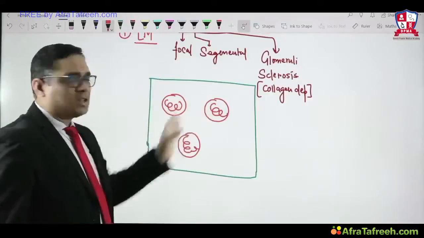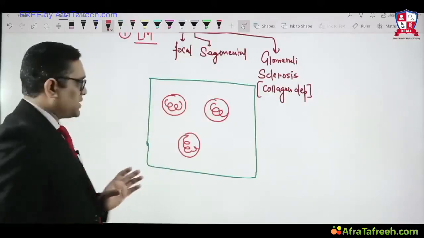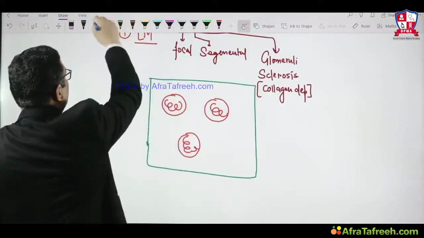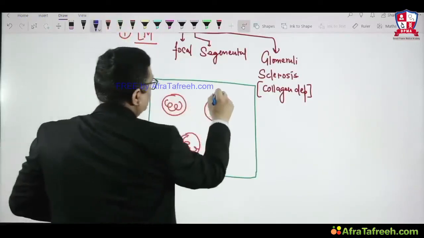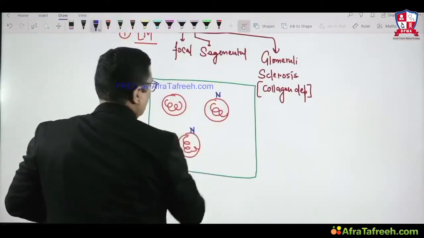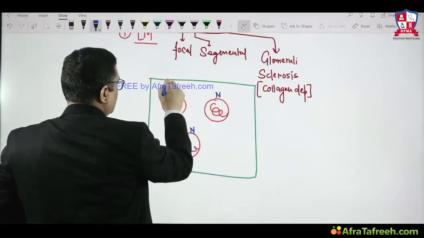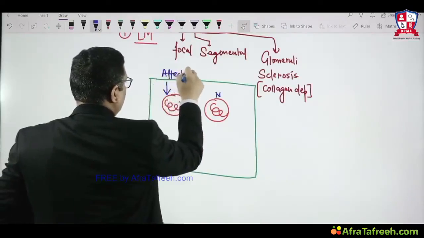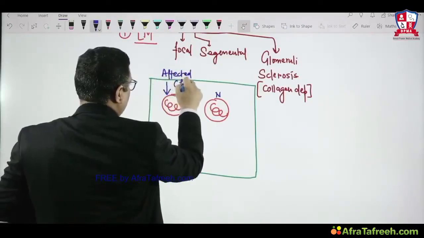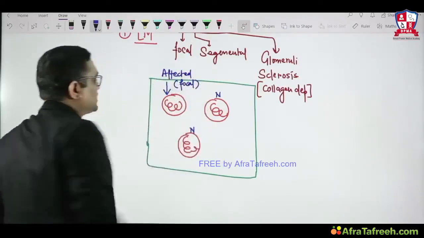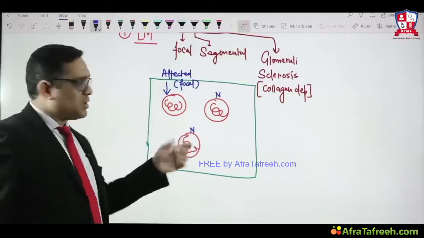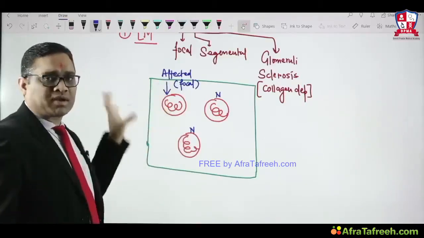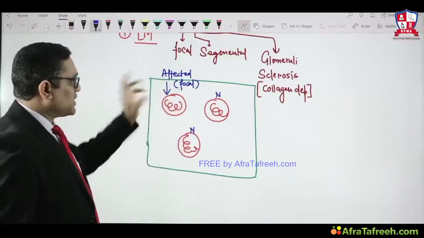Focal means not all three glomeruli will be affected, only one or two. Here this one is normal, this one is normal, and this one is affected. That is why we call it focal: not all glomeruli, only some will be affected. Two are normal, one is affected.